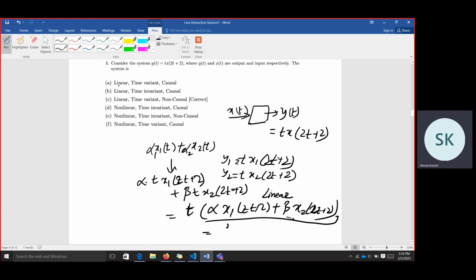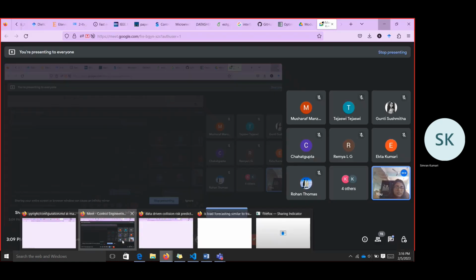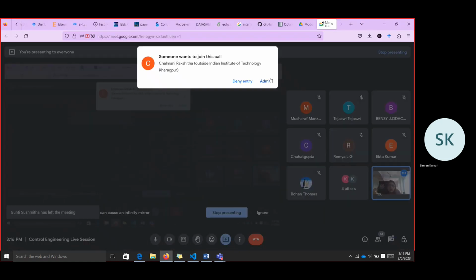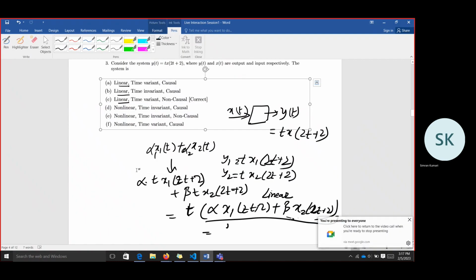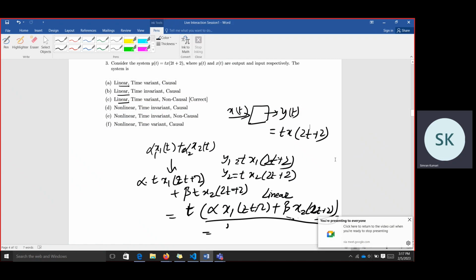Okay, fine. We have found out that this is linear, and now we want to see whether it's time invariant or not.